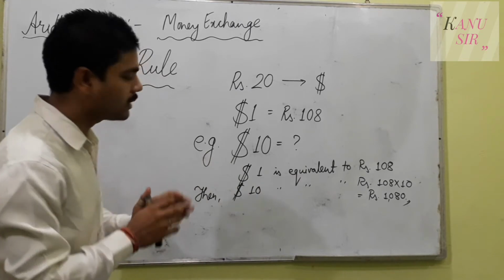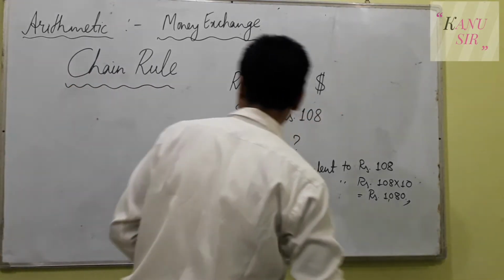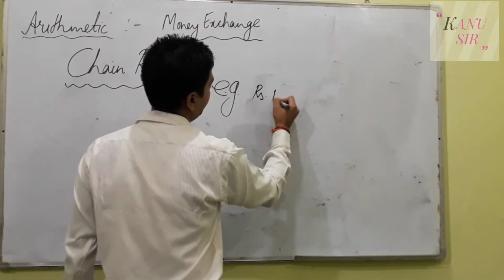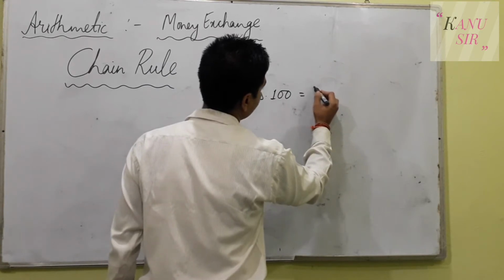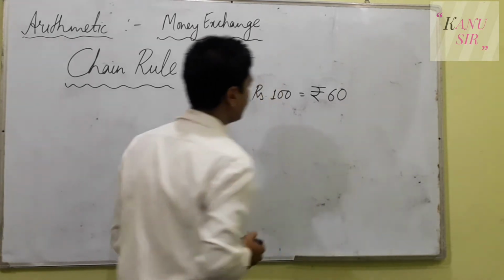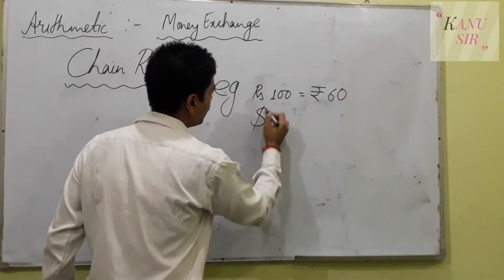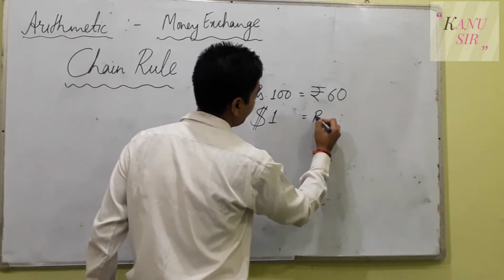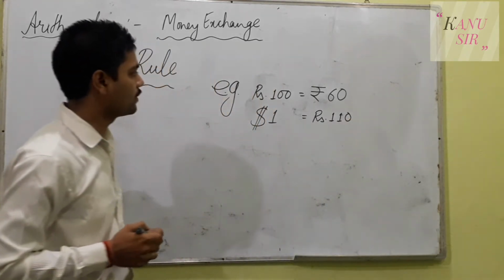But if you have three types of currencies, then how can you get the relation between them? Okay, 100 Nepalese rupees is equal to 60 Indian rupees, and $1 is equal to 110 Nepalese rupees.